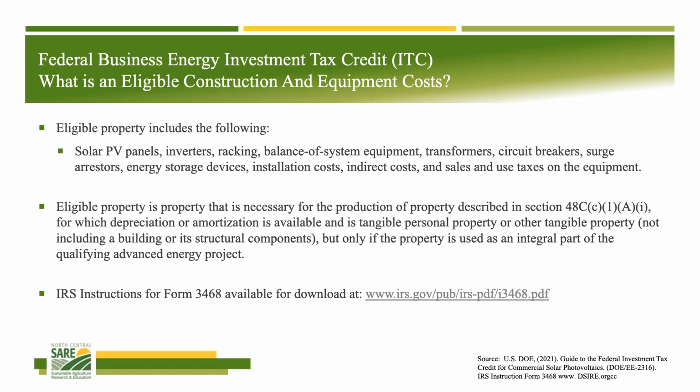Owens Corning up in Toledo put in a big solar system that doubles as shade for the parking and also keeps snow off cars. So there are some dual uses where they're adding cost to the project because of a unique design component, but not just building a large building and putting solar on top. And you can see there's a link for Form 3468 there as well.